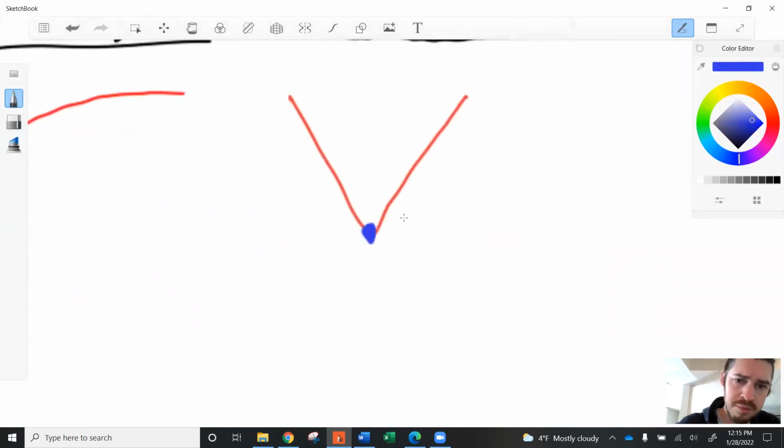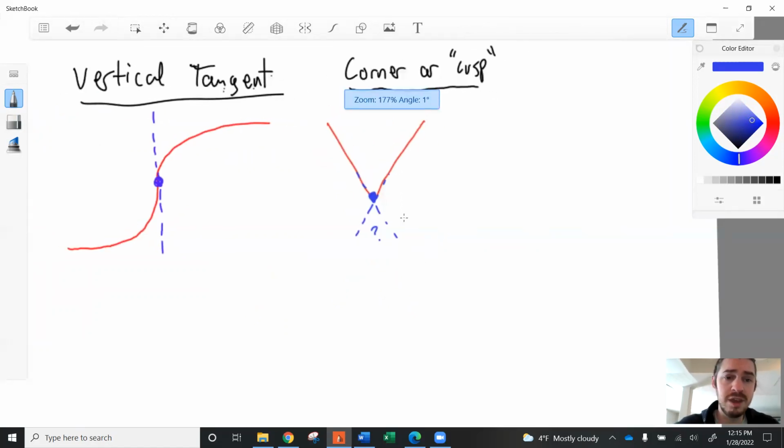What would the tangent lines be approaching? Are they approaching this slope or are they approaching this slope? Neither. In fact, it's sort of like a sudden jump in the slopes. It produces a jump discontinuity in the derivative, in fact. We'll see examples of that later.